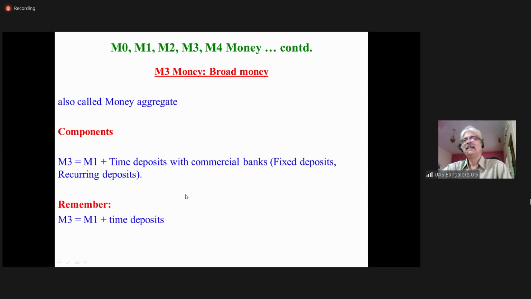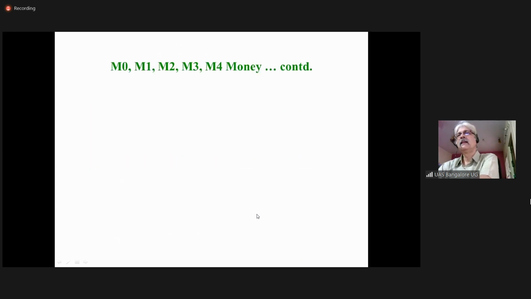Remember, M3 money is equal to M1 money plus time deposits, but M3 is not equal to M2 plus time deposits. It is only M1 plus time deposits. That is M3 money.